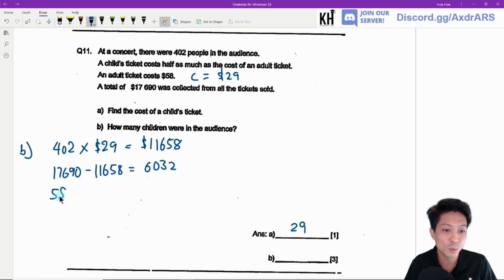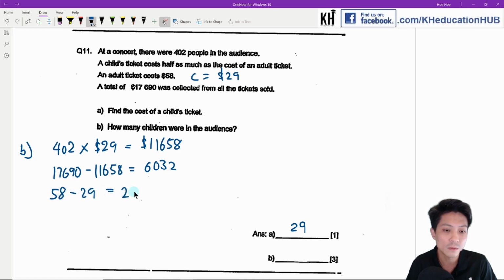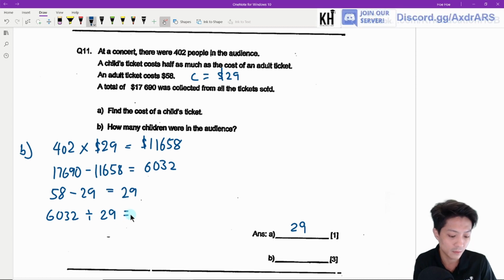Okay, the difference between the tickets will be 58 minus 29, which is 29. The next step will be to use 6032 divided by 29. It's gonna give me 208.